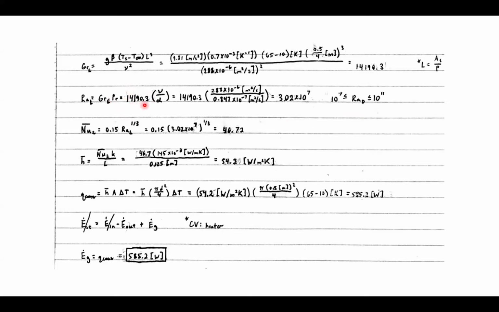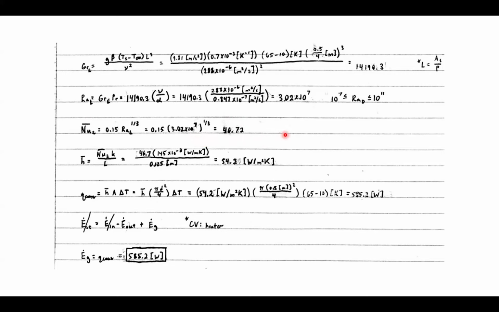And so we just multiply the Grashof number by the kinematic viscosity divided by the thermal diffusivity, and we get around 3 times 10 to the 7th, which is between this range for the Rayleigh number. And therefore, we can use this Nusselt correlation. And this is specifically for the upper surface of a hot plate, which is very, very good for the situation that we're trying to analyze.